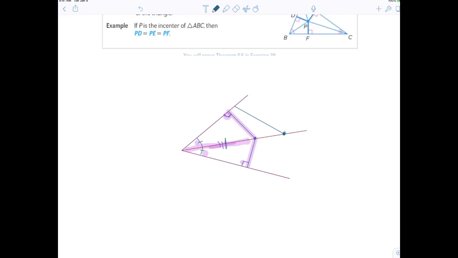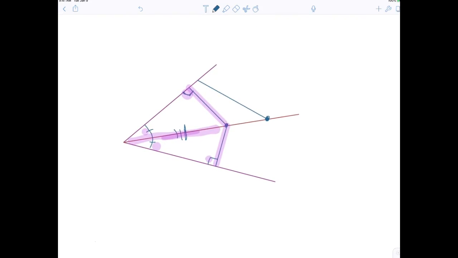Come on, this is where you're getting smarter. Is that the distance? Let's do it this way. Is that the distance to that side? No, because it's not perpendicular. So when I say the distance to the side, we automatically know I'm talking about the what?